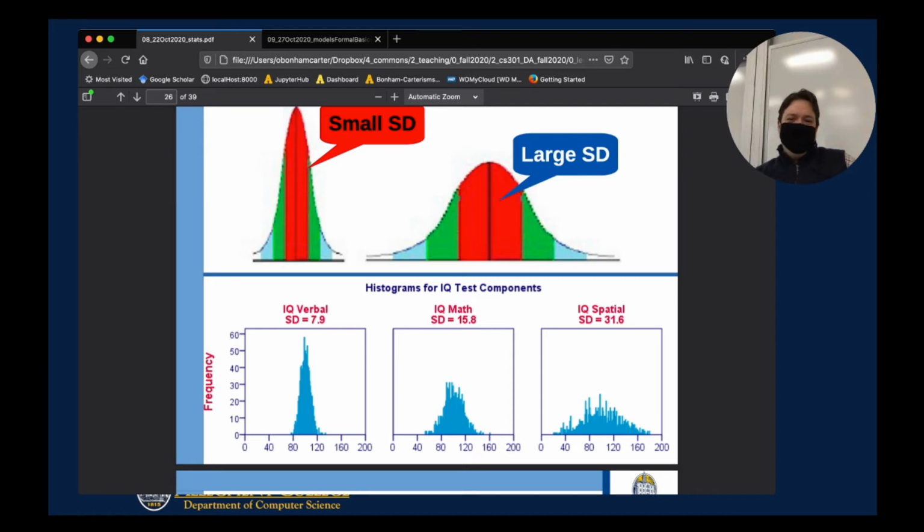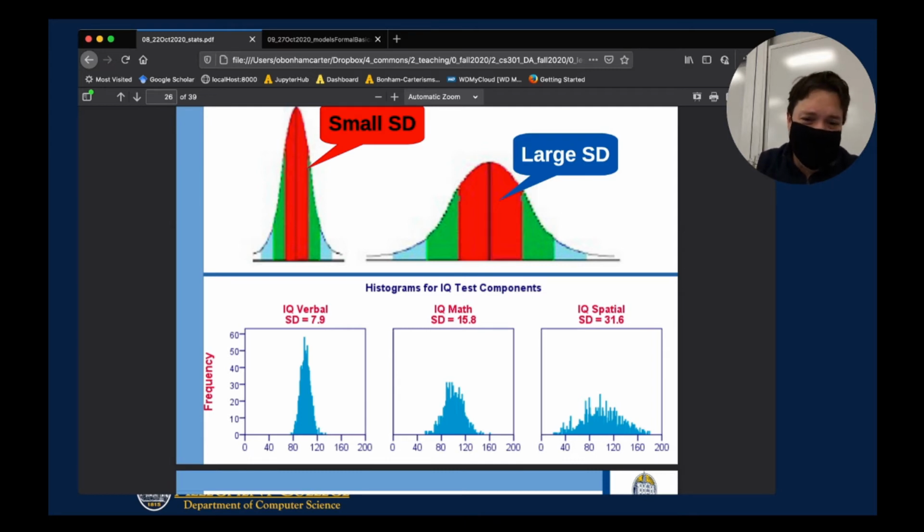The SD equal to 31.6 is just saying that my standard deviation is more spread out. I guess you could say that 31.6 is just the measurement of how spread out people's results are. The scores are so diverse that it's hard to see them all in one place in the plot.